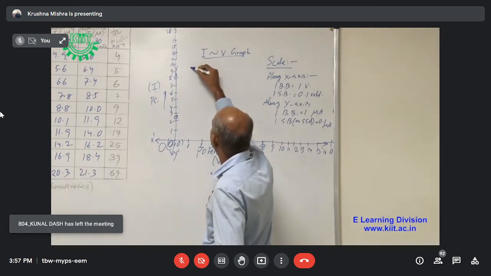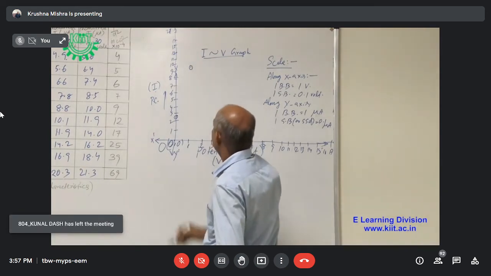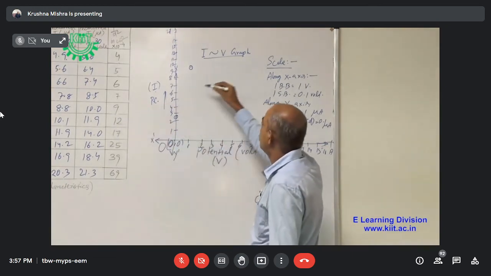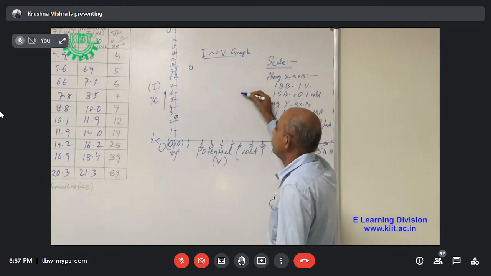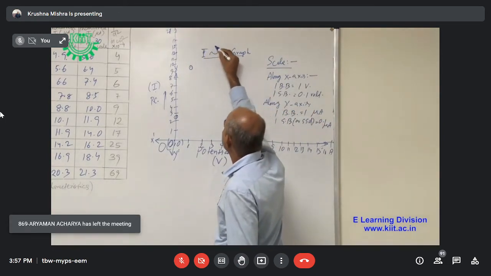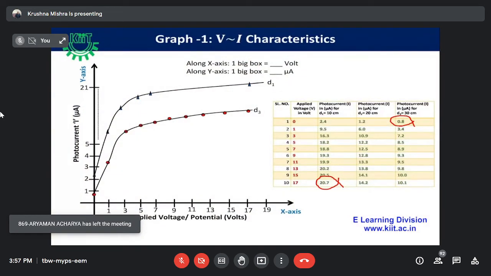In this way proceed by plotting all the points in the graph. We will see a graph will come like this, and we will freely connect the points.